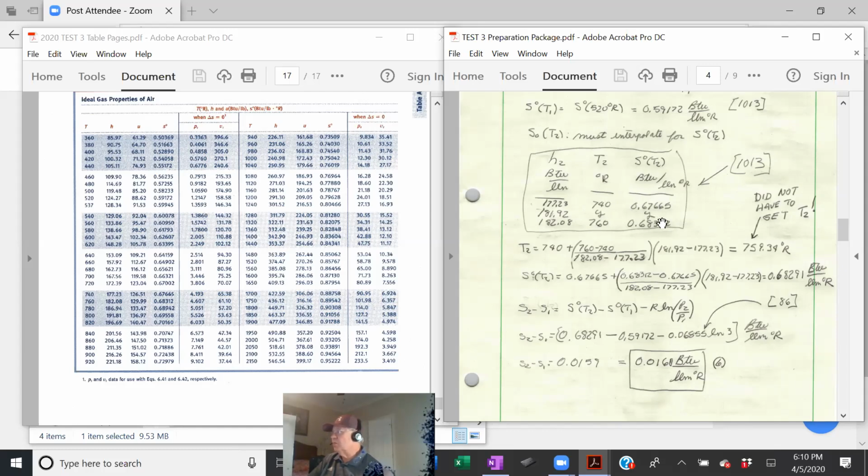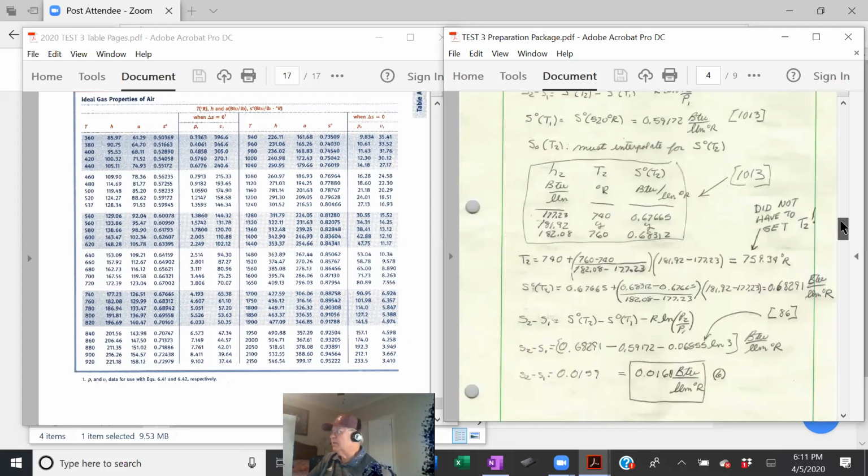Now I'm also going to need S0 of T2. So why not go ahead and set up the interpolation for S0? In fact, S0 is really what I need. I may not even need to get T2, but I think it's good practice to do it. Using the same method, interpolating for T2, I get T2 is 759.34 degrees.